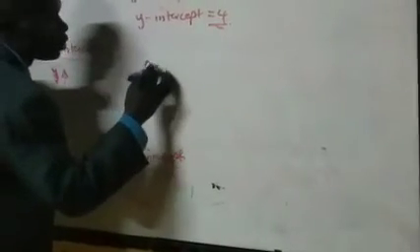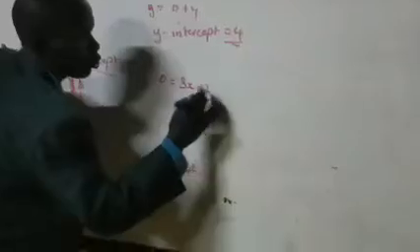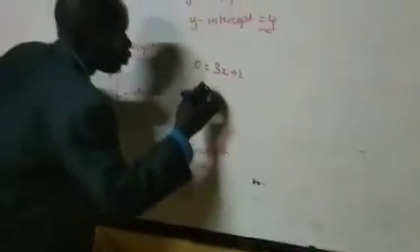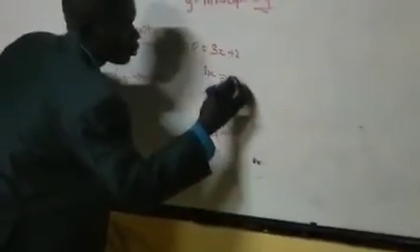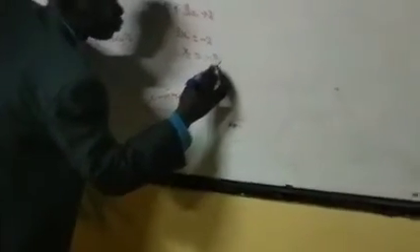So for our first equation, we are saying 0 is equal to 3x plus 2. What will be the x-intercept? So 3x is equal to negative 2, and x is equal to negative 2 over 3. So the x-intercept will be negative 2 over 3.